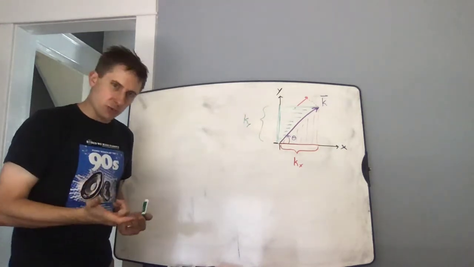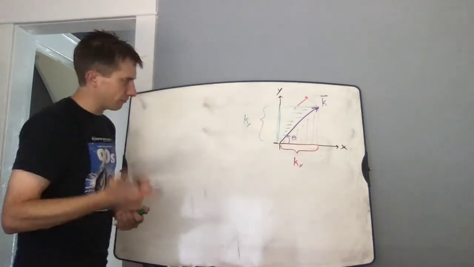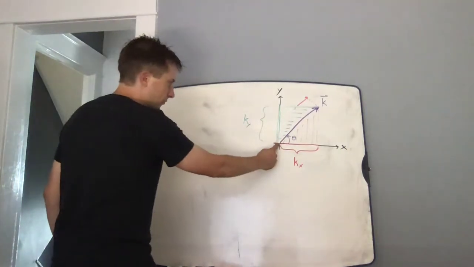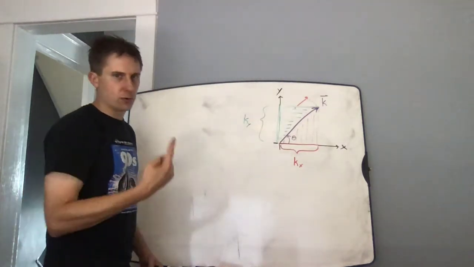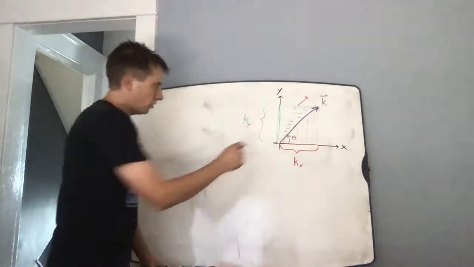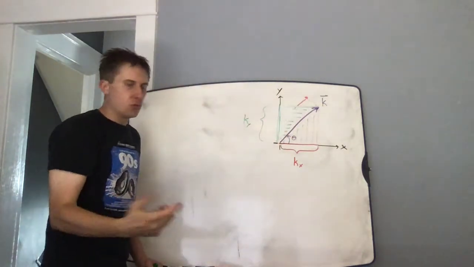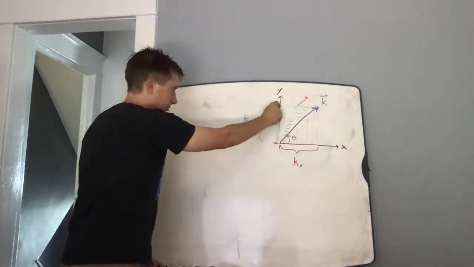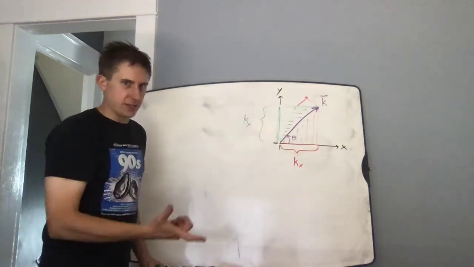Now, if you look at this picture, you could also ask equivalently, if I walked from the very beginning of vector k to the very end of vector k, how far upward would I have walked? Well, you have walked from here to here. The amount upward you would have walked would have been from here to here as well. I am not asking how far to the right did I walk.